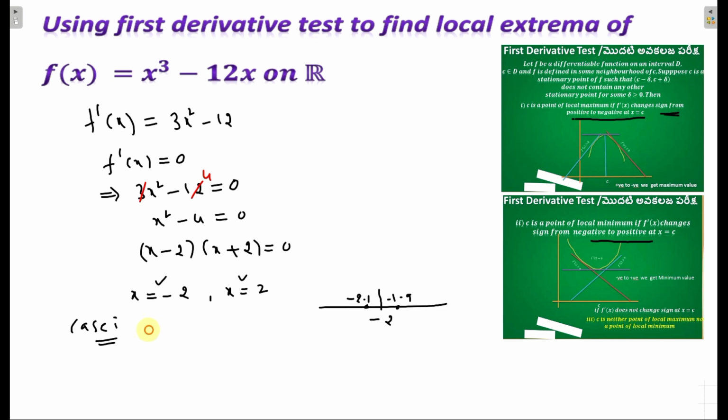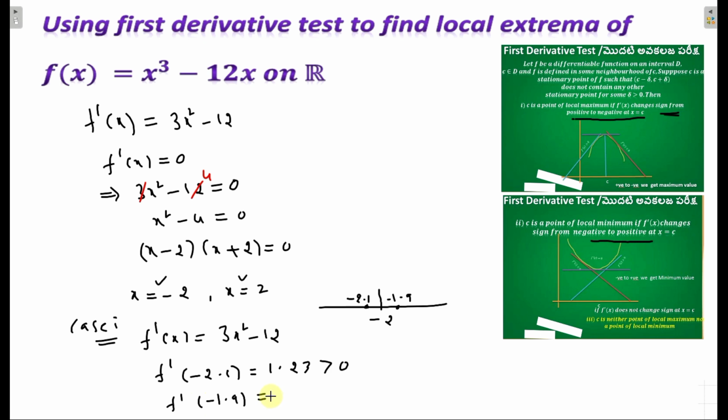So f dash x is equal to 3x square minus 12. Now f dash minus 2.1, on simplification I will get 1.23, which is greater than 0, and f dash minus 1.9, on simplification I will get minus 1.17. This is less than 0.